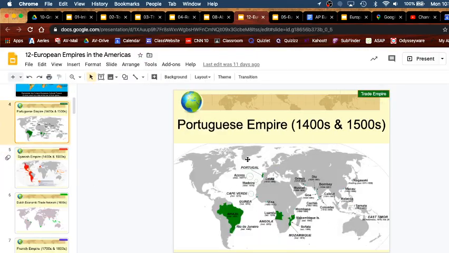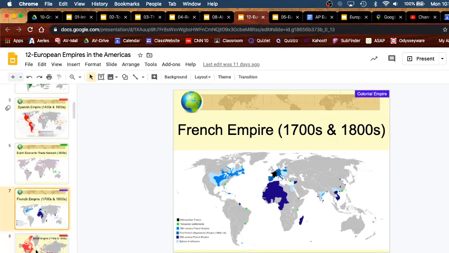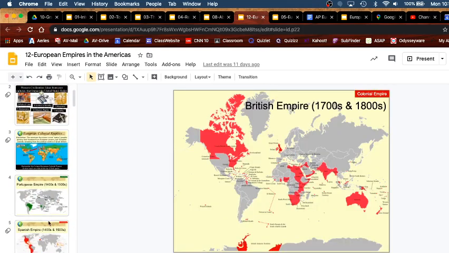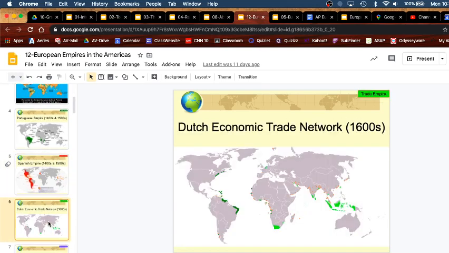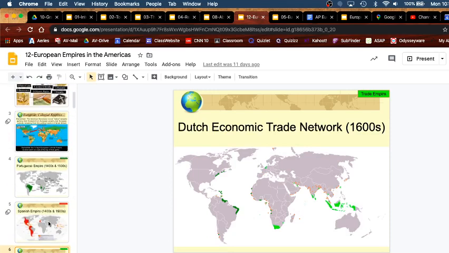The Portuguese, again, set up that trading empire. The French are going to accumulate a gigantic empire, but it's going to be later. There's no doubt that the French Empire is going to come much later, along with the British Empire. It definitely is the Portuguese and the Spanish in the beginning, and then later followed up by the Dutch, the French, and the British. The British are going to come out on top.